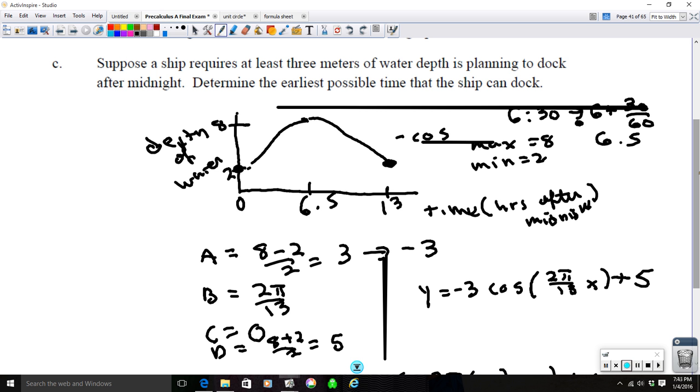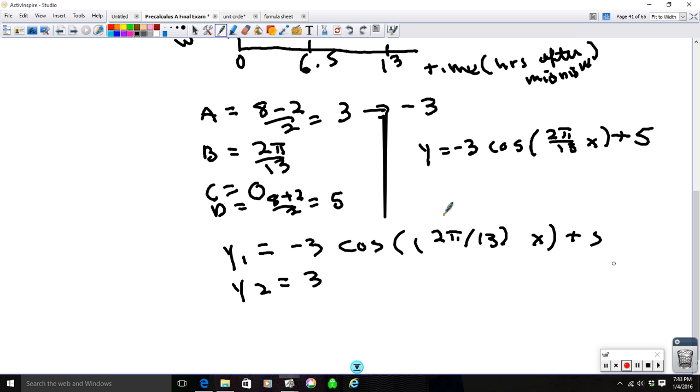It wants to know the earliest possible time that it can dock. So you're doing second trace intersect, and this is going to be at 1.740 hours, which is about 1:44 a.m.